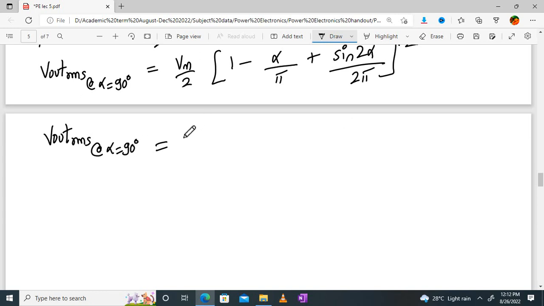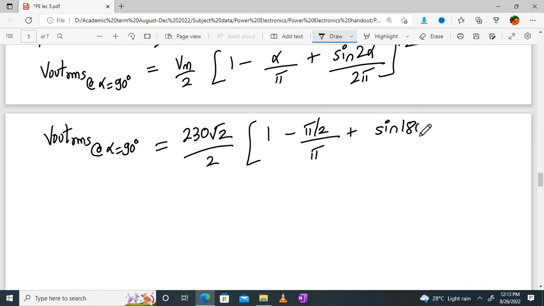Vm is 230 root 2. Sine of 180 degrees divided by 2 pi. I think sine 180 is 0, right? Calculate this, how much is it? 115 volts, correct?